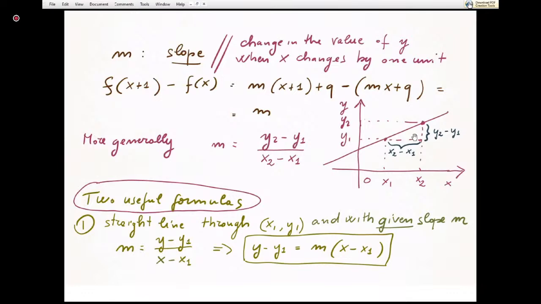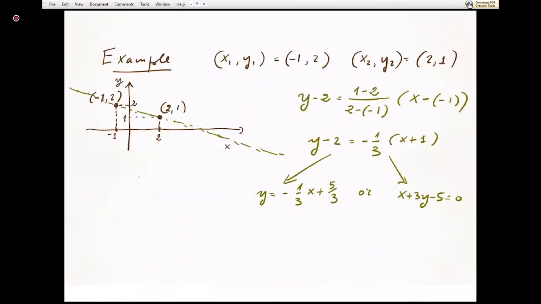Okay, let me just show you a couple of things about explicit and implicit forms. This is something that is not really useful now, but it is useful when we will deal with implicit functions, okay? I'll just remember this, minus 1/3 x plus 5 over 3.